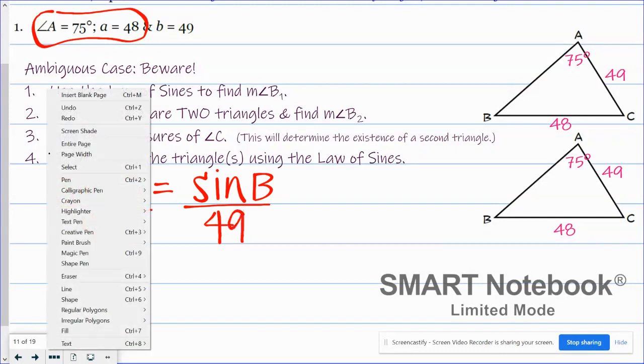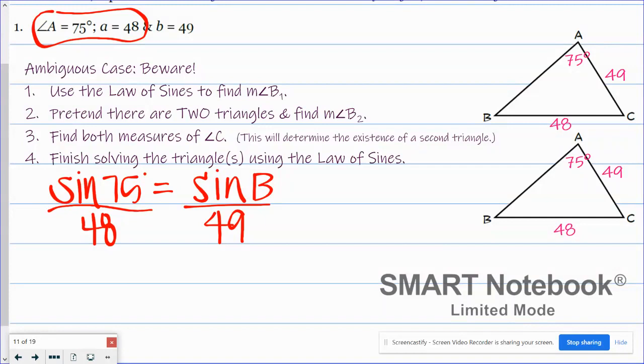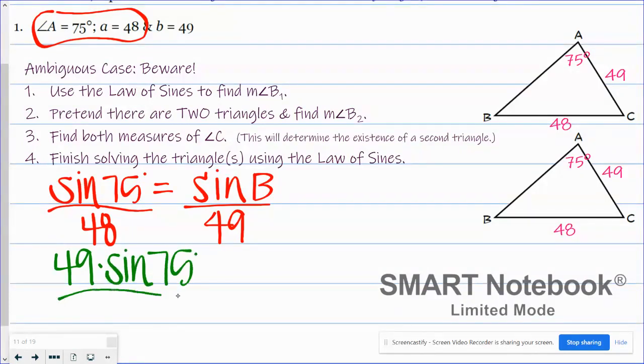So from here, as you know, we cross multiply and we divide. So ultimately, I'm going to be taking 49 times sine of 75, and I'm going to be dividing that by 48. And this is going to give me sine of angle B.